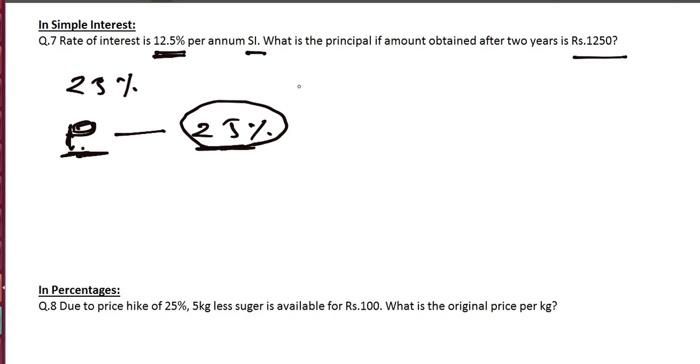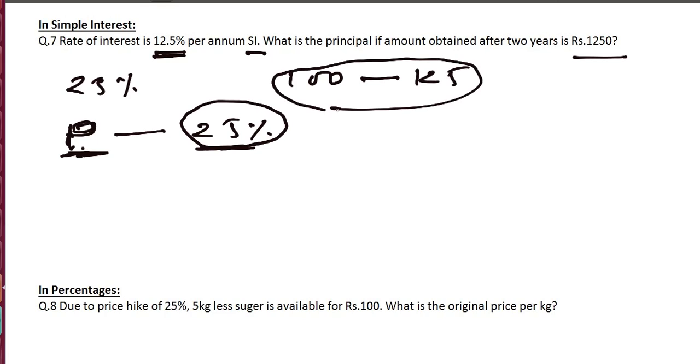It is constant every year. So for example, if the principal is 100, in 2 years it will be 125, because the rate of interest is simple 12.5%. So it will be 25% for 2 years, right?